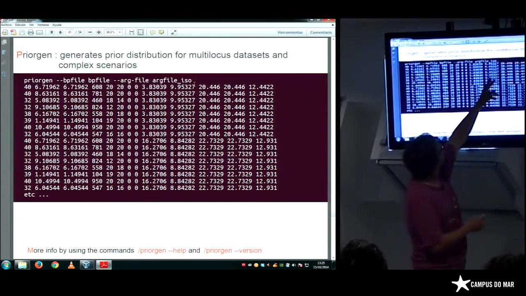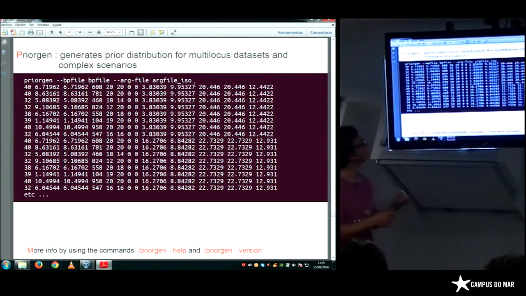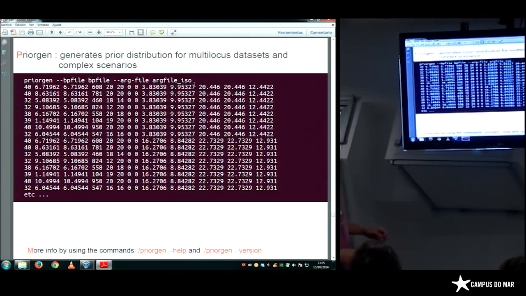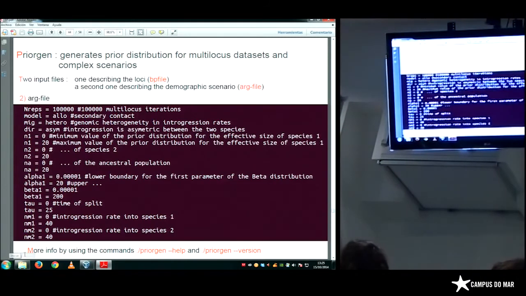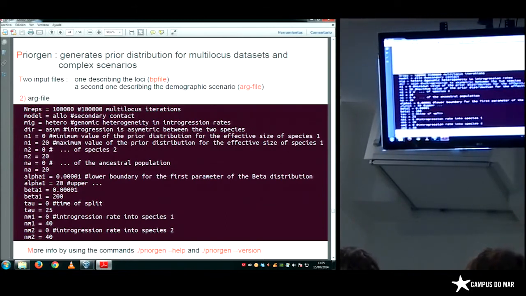And here you have the beta, the parameters of the beta distribution, to simulate heterogeneous gene flow. And what I forgot, it's written in the position. So NM should be 0.